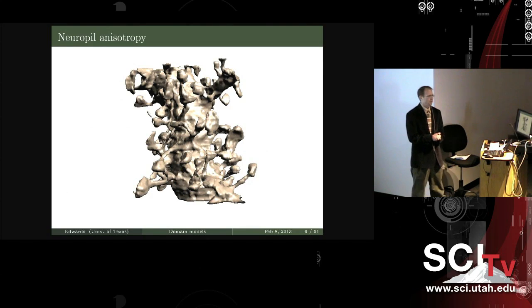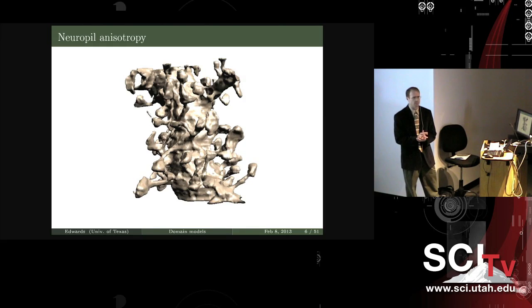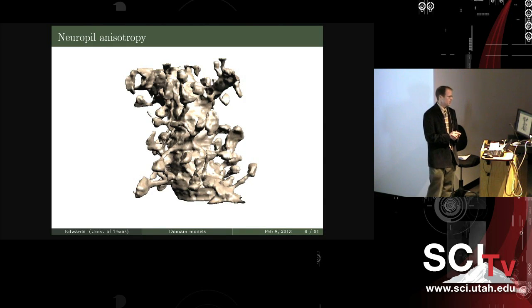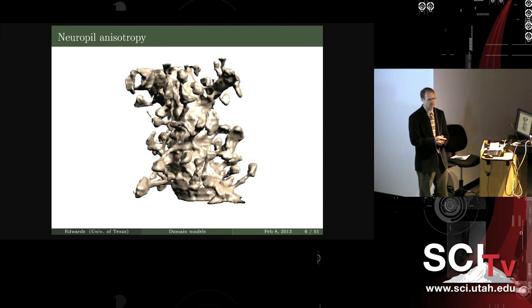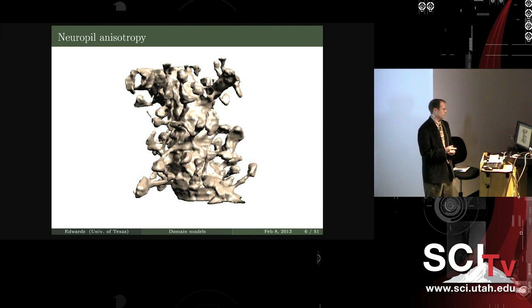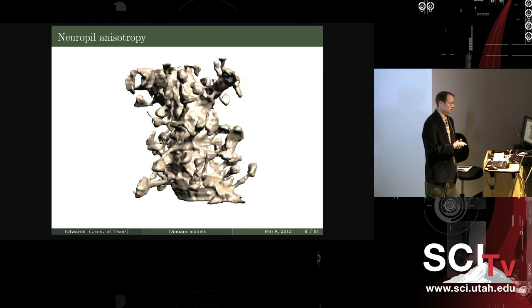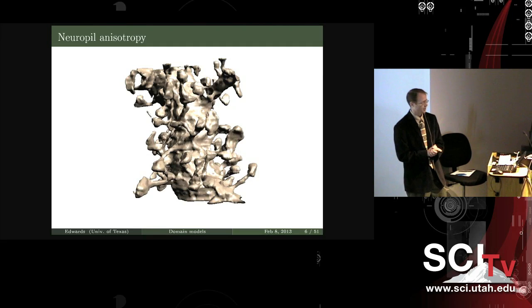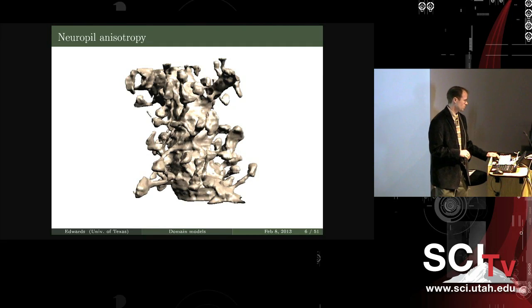So this is a model of a dendrite, a 3D mesh that we've produced. And you can see the geometry is interesting, a little bit complicated. The genus is still 0, but you have a lot of branching going on.